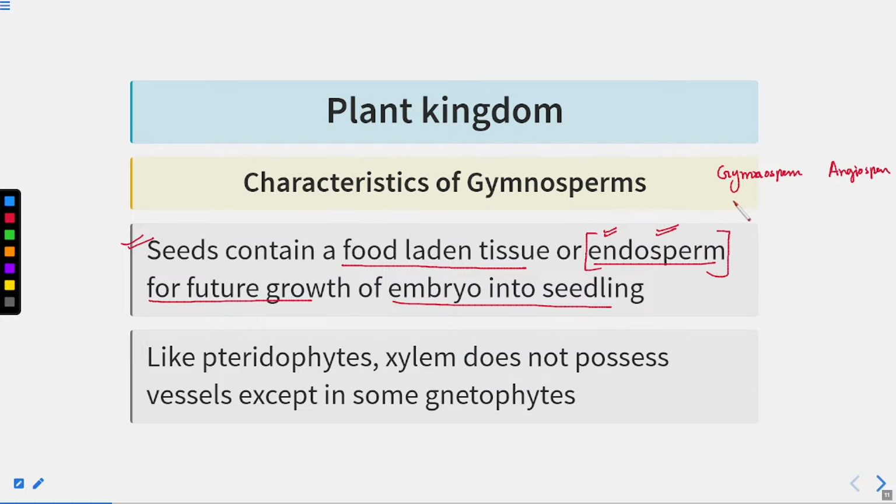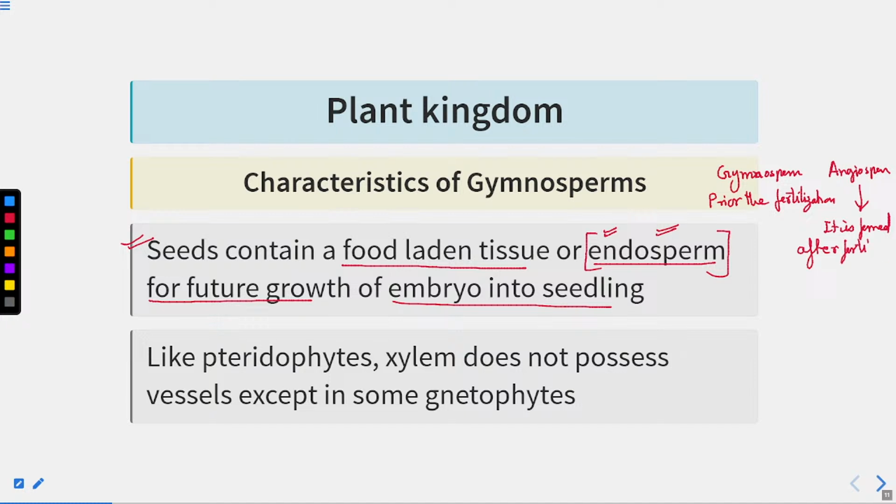endosperm formation. In gymnosperm, endosperm formation takes place prior to fertilization. It forms prior to the fertilization process. Whereas in the case of angiosperm, it is formed after fertilization.